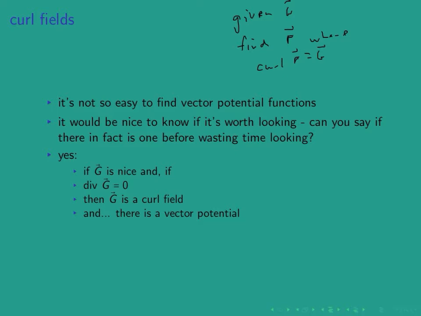So if I'm given a vector field G, and again there's this vague nice condition, it has to be defined everywhere I'm interested, and if when I take the divergence of G, I get 0, then it turns out that in fact G is a curl field, and I should be able to find a vector field F. Well, there is a vector field F. Whether or not I can find it is unclear. But if the divergence of G is 0, then G is a curl field, and hence has a vector potential function F.